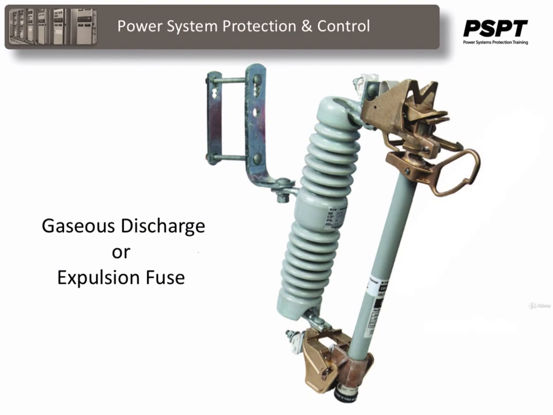The expulsion fuse, or the boric acid fuse, has a lining inside the fuse holder, which is essentially boric acid. After the fuse link melts, an arc forms. The heat of the arc produces gases from the lining material, and the gases formed at high pressure carry the arc and the arc products out of the holder.